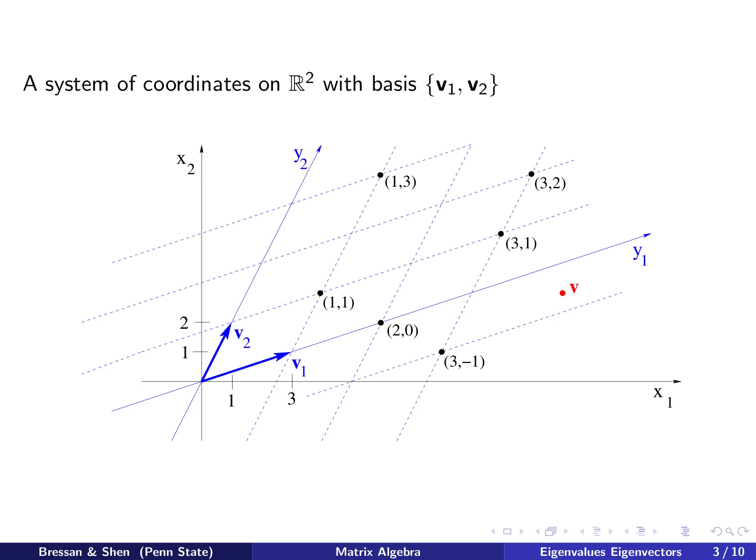Let's say 1, 1, what would that be? Well, that would be 1 unit in v1 and then 1 unit in v2, and this would be the point with coordinate 1, 1. And what about 2, 0? Well, you take 2 units in the v1 direction and 0 units for the v2 direction. So then 2, 0 would be the coordinate of that point, and so on and so forth.